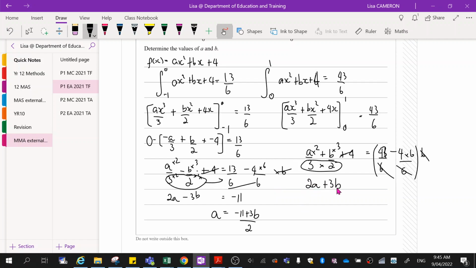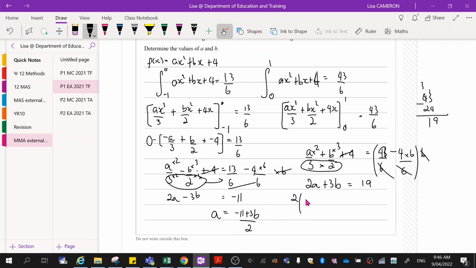2a plus 3b is equal to 43 minus 24. So that's going to be 19. Okay, and now I'm going to substitute this in as a.